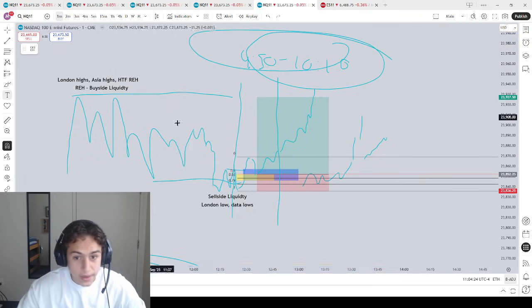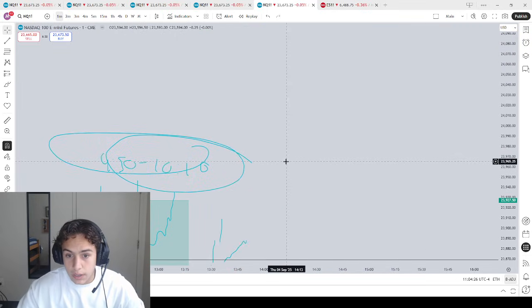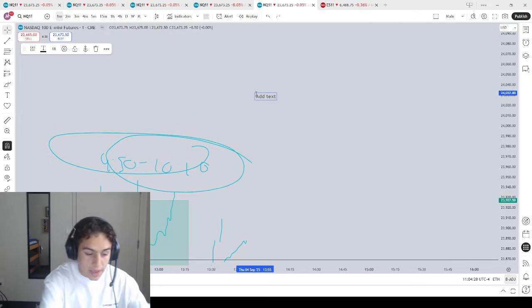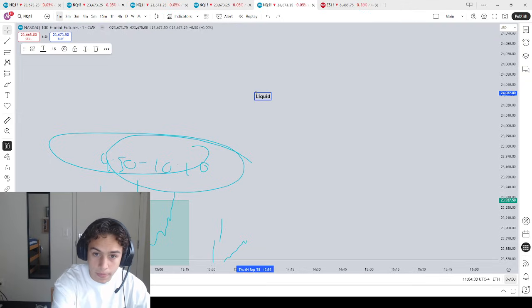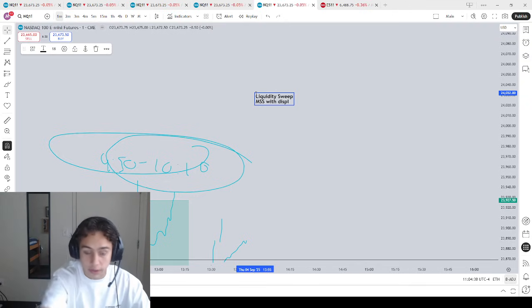So pretty much my entire model in one is a liquidity sweep, a market structure shift with displacement. It has to have displacement because that shows it has an urgency to get to the opposing liquidity.